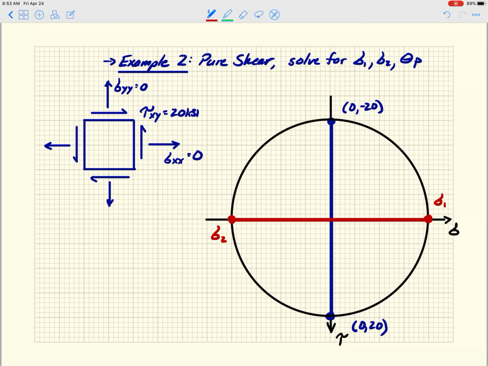Now, some of this is pretty straightforward. What is R? You don't even have to compute it. It just equals 20 ksi, because you can see the circle is centered at the 0, 0 point, and it touches minus 20 and 20, so the diameter is 40 and the radius is 20. Pretty straightforward.